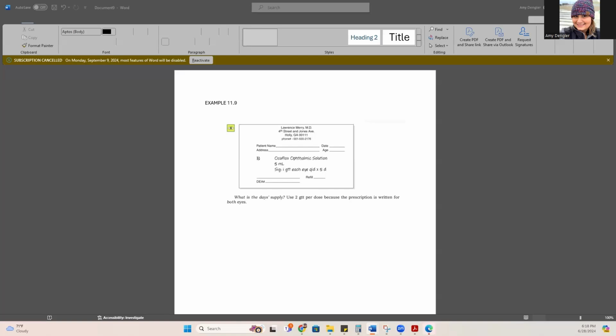Example 11.9 is a prescription for an eye drop, Ocuflox. Ophthalmic solution, 5 ml. Sig is 1 drop, 1 GTT, each eye, QID times 5 days.